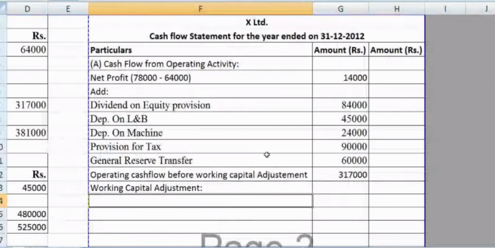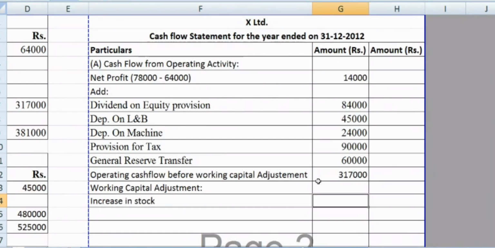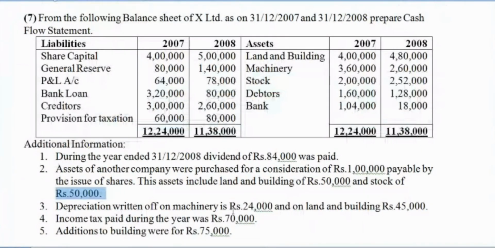So what is difference? Increase in stock, 2,000 plus or minus? Minus. So I put into the bracket, then automatically it is in minus. Okay. Now next is debtors.